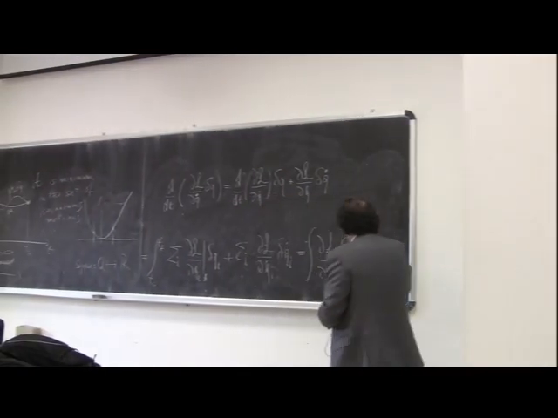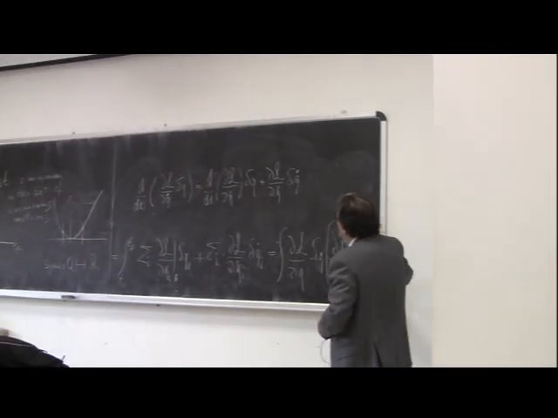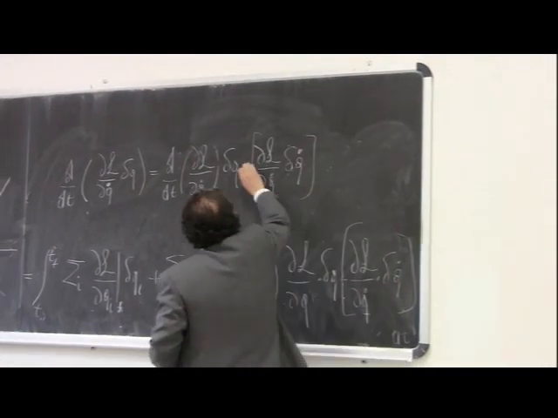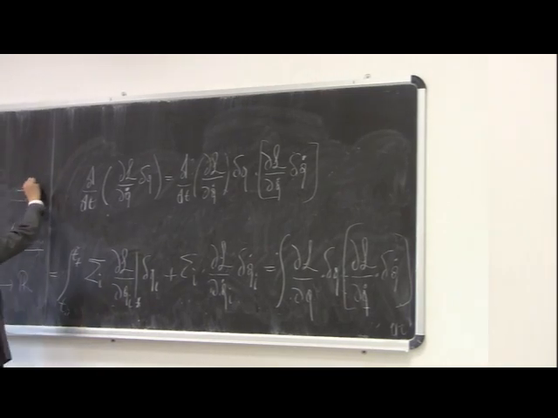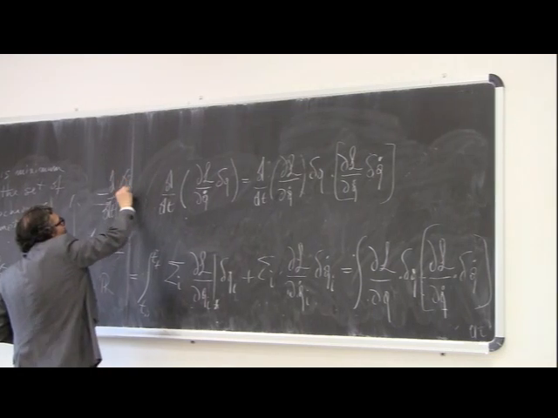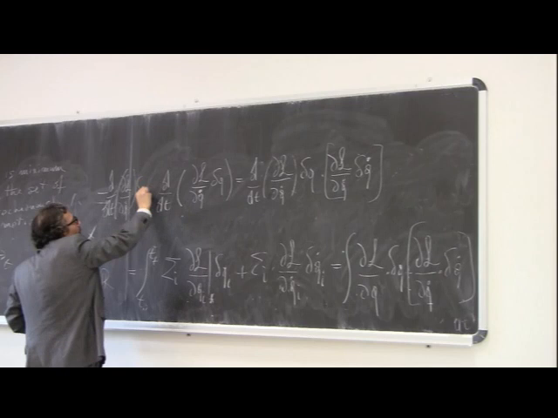So let us use, instead of this term, the term which we calculate from this equation, placing here minus d over dt dL over dq dot delta q.